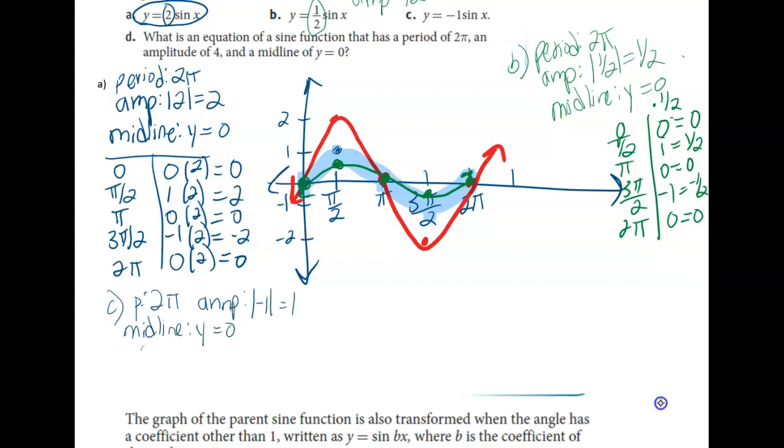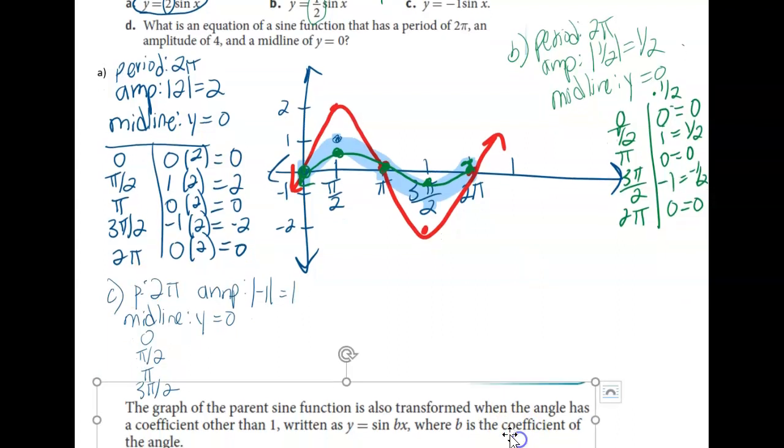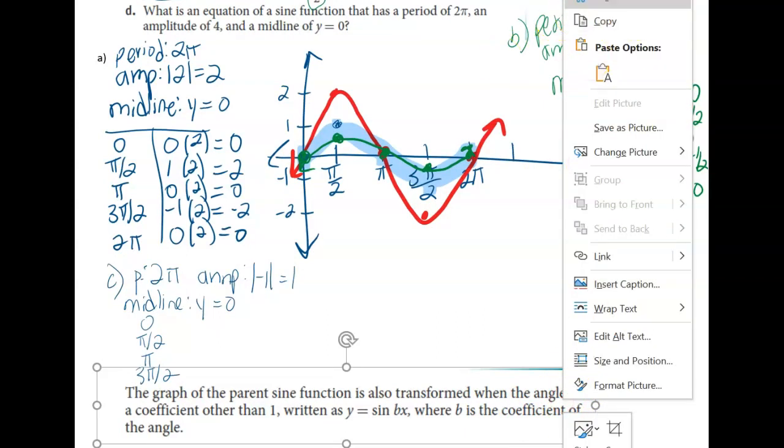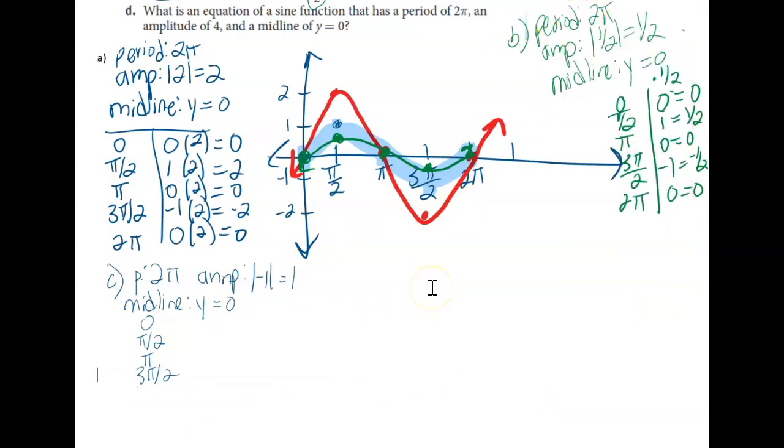And what I'm going to do is take that parent, and multiply all of those y values by negative 1 now.